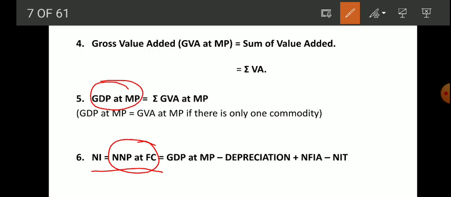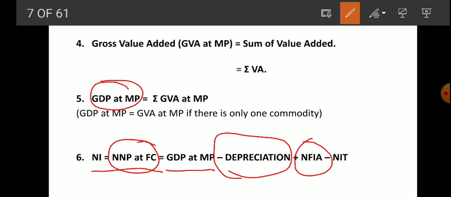What you have to do with GDP at MP is deduct or subtract depreciation from it, so that you can convert gross into net. Then you have to add NFIA to the domestic product, so that you can get the national product. And lastly, to convert market price into factor cost, what you need to do? You have to subtract NIT, that is net indirect tax.